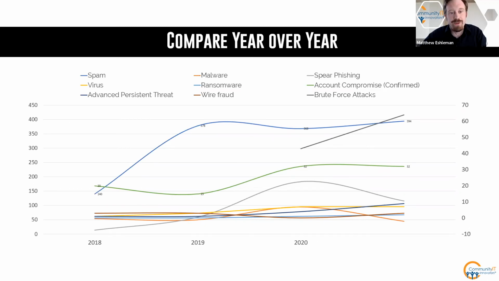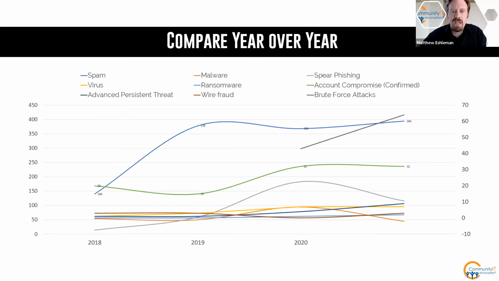We had 32 in 2020, and then another 32 in 2021. The brute force attacks were 40-some in 2020, and that spiked up to 64 in 2021. And then the spam has gone up and stayed consistent. And then we actually saw a little bit of a decline in the spear phishing data, which is a little bit easier to see.